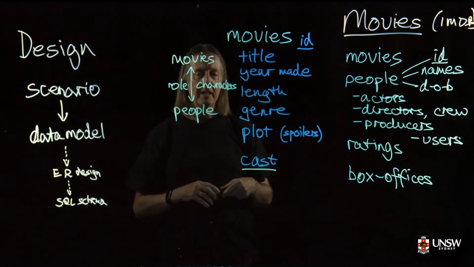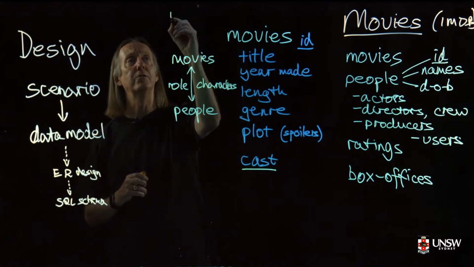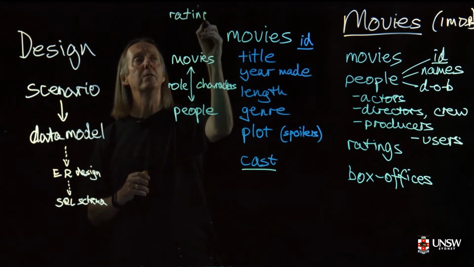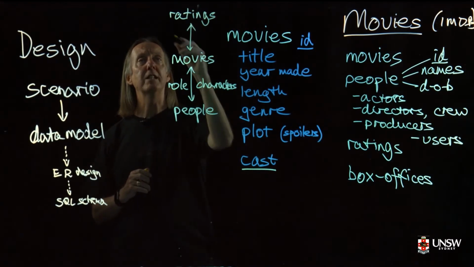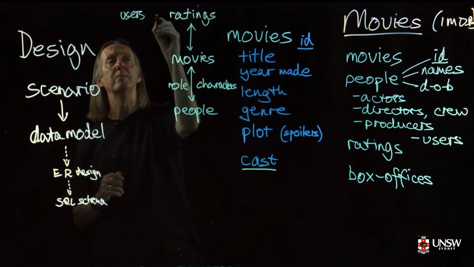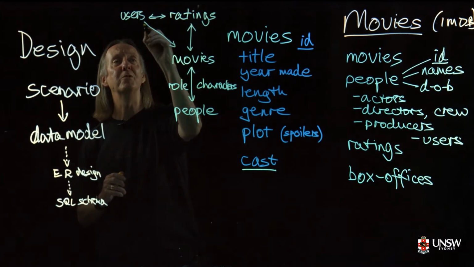Let's see, ratings. Okay, ratings are clearly something that's related to movies, but also ratings come from users of the system. So a user provides a rating for a particular movie.